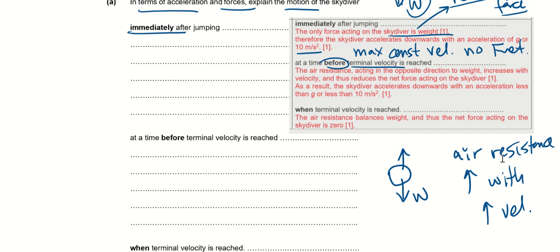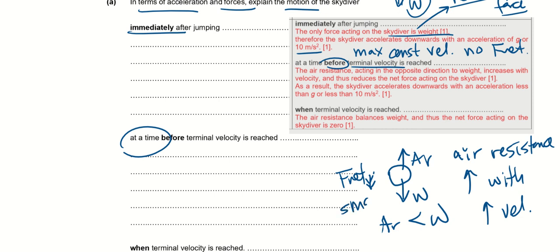But at this point in time, the air resistance is still smaller than weight. That means there is still a small F net or resultant force, so he will experience a small acceleration. He's still not reaching terminal velocity yet, because that's what the question says.